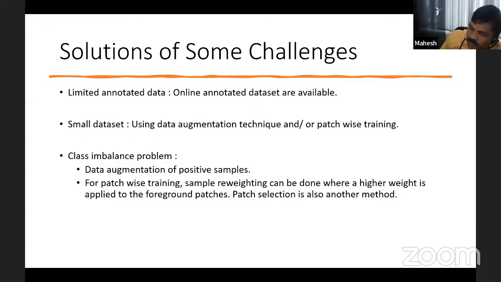Each image will be divided into 10 parts, so with 10 images and each image having 10 parts, there will be 100 patches. So now we are training with patches instead of images. Initially training was performed on 10 images; now we are performing training on 100 patches. In this way, you can solve the class imbalance problem.